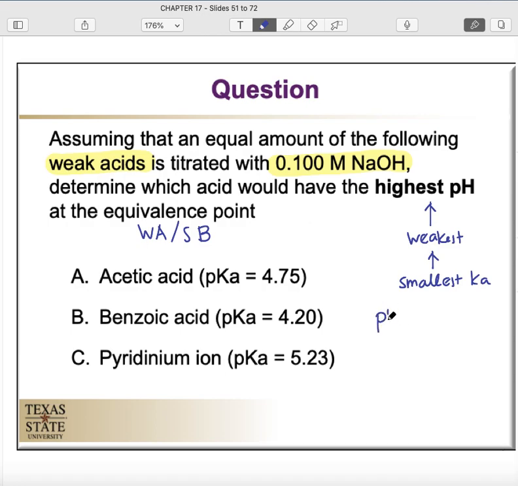You guys know that pKa is equal to the negative log of the Ka. And since we're talking about the smaller the Ka is, the larger the pKa is. So in this particular case, we were looking for the smallest Ka, and therefore we are looking for the largest pKa. So the answer for this particular problem is actually the pyridinium ion, which has a pKa of 5.23.